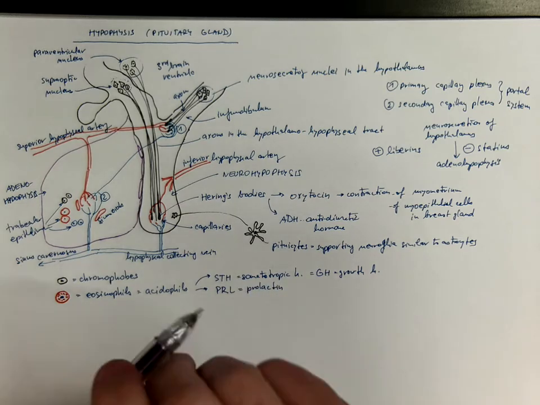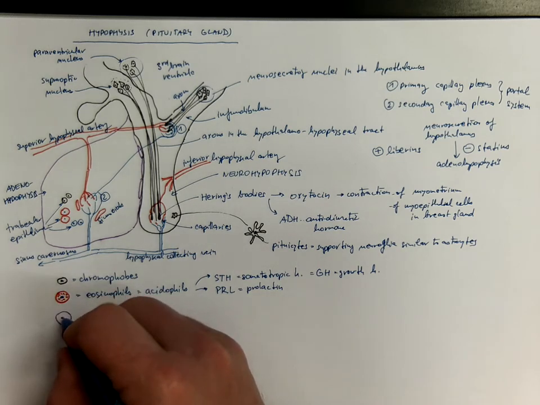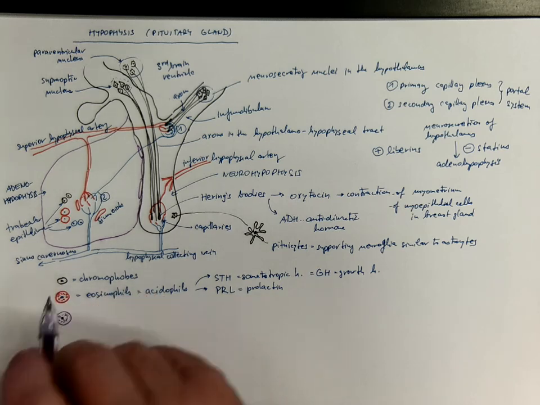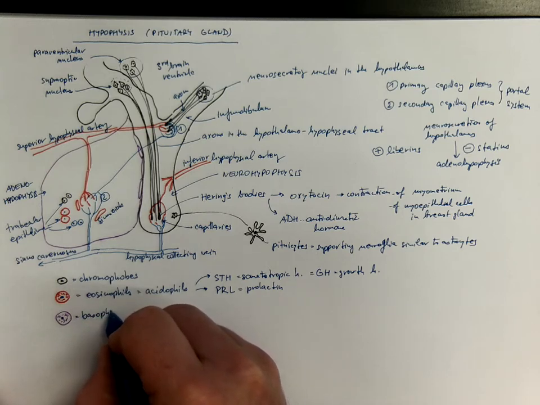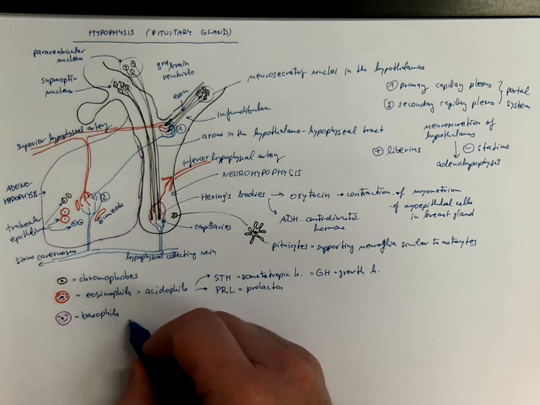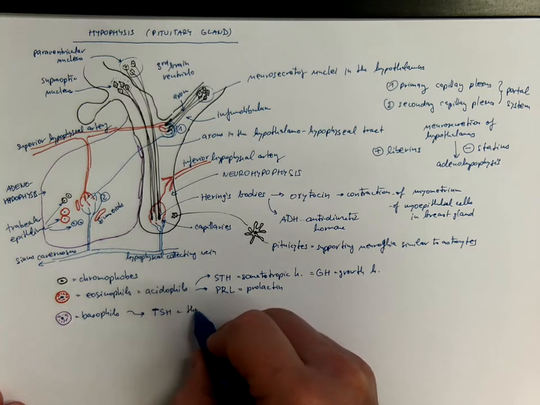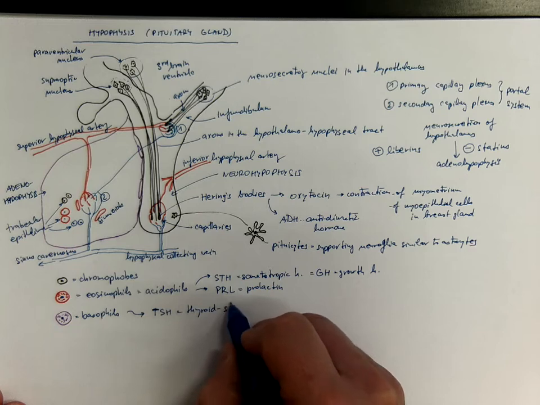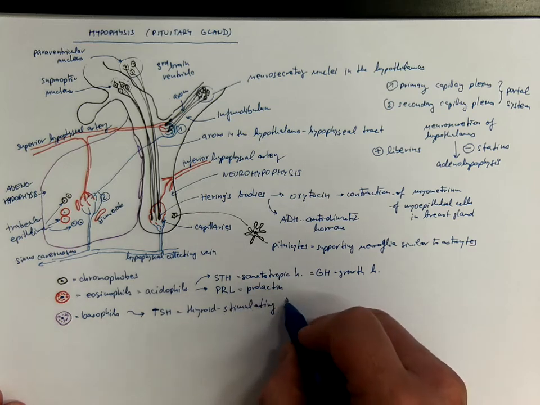And then we have those that appear as basophils, or the basophilic cytoplasm. And there are various types of basophils, some that are producing thyroid stimulating hormone, TSH, thyroid stimulating hormone.